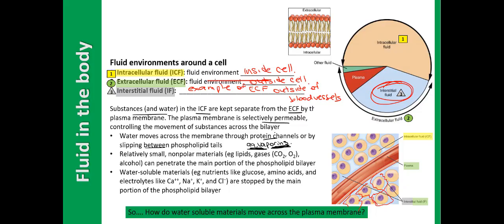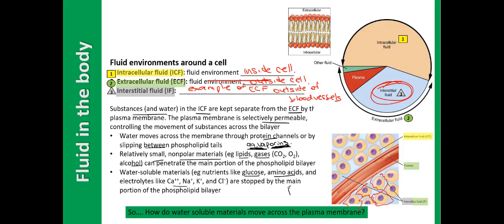Their purpose is to allow free movement of water across the cell membrane. Some small nonpolar materials like lipids, gases, and alcohol can go freely across the main portion of the phospholipid bilayer, whereas water-soluble materials like amino acids, glucose, electrolytes, and ions are stopped by the main portion of the phospholipid bilayer.